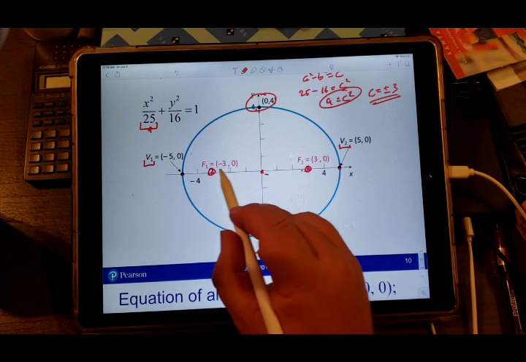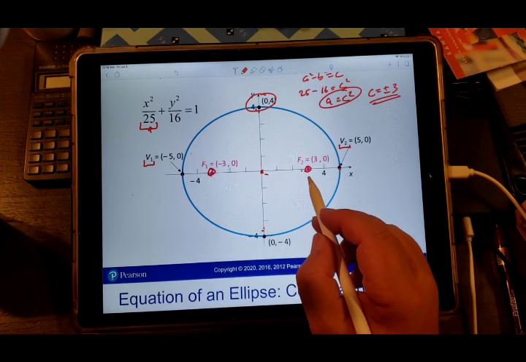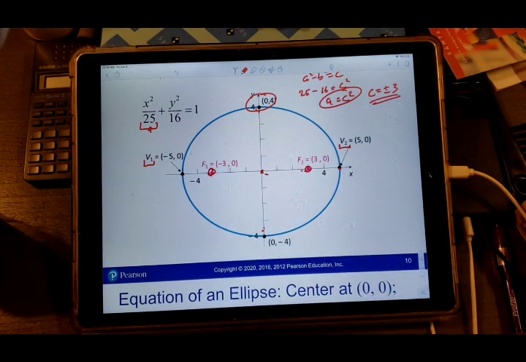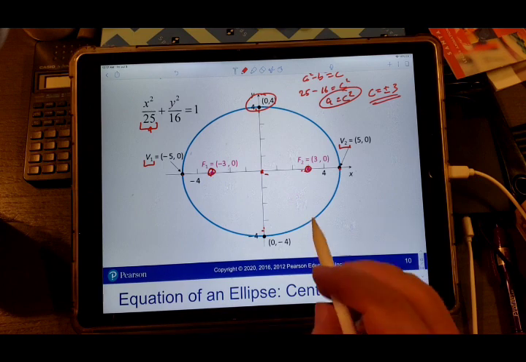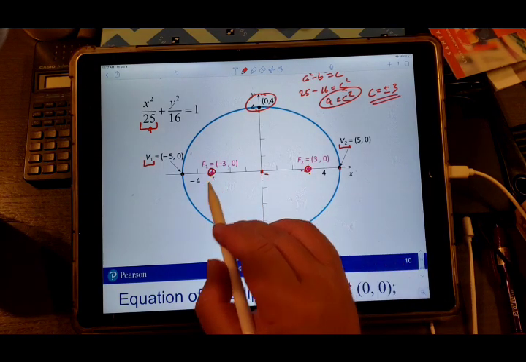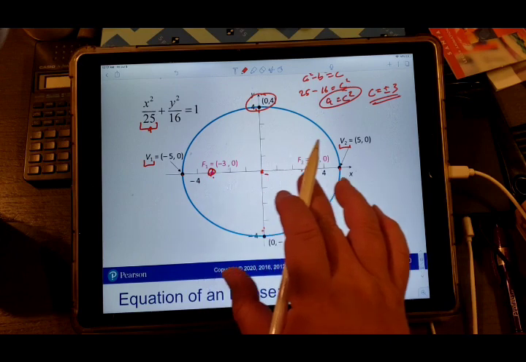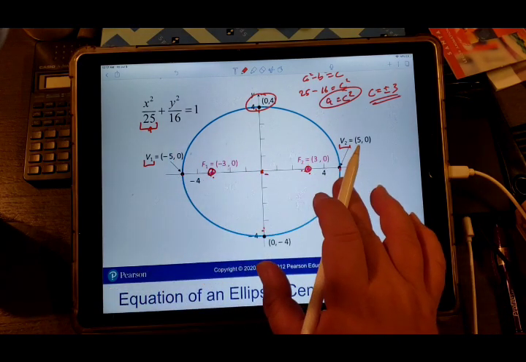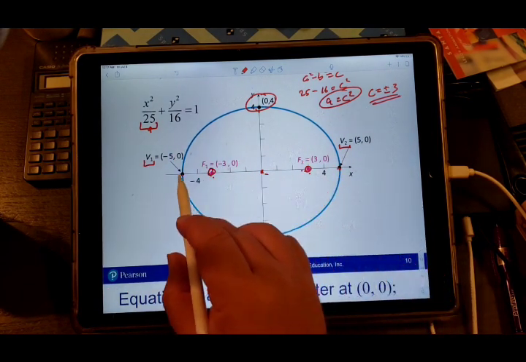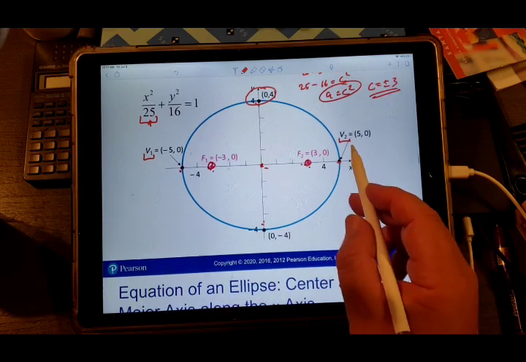So 3 this way and 3 that way. What do the foci do to the image? It just kind of enhances the image. It's not really, like I say, something you add in any other algebra class. But once you get to this level or higher, yeah, we want to know where the foci are along that same long part of it that gives you the vertices.